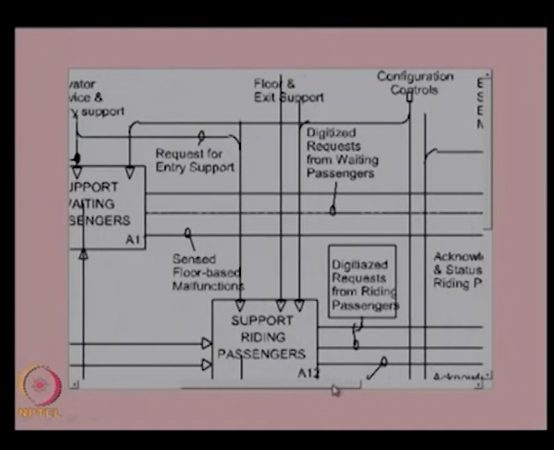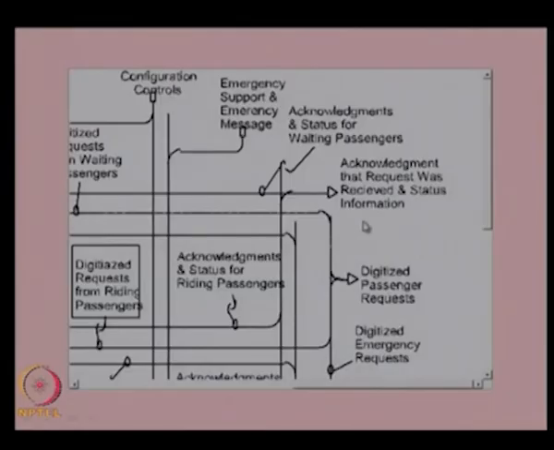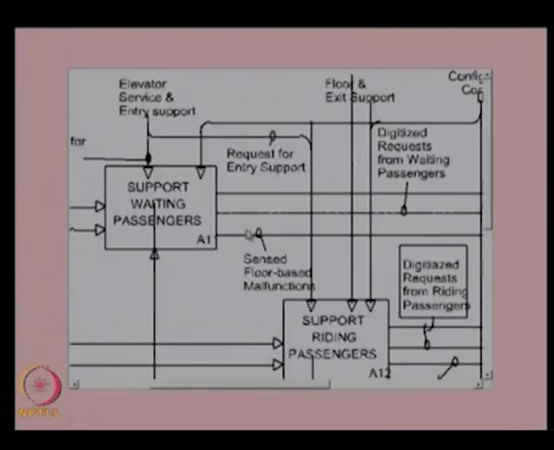The output is the acknowledgement that the request was received and status information. So acknowledgement and status for waiting passengers is the output from the A11 function, which is support waiting passengers. Similarly we need to have support for the riding passengers also.